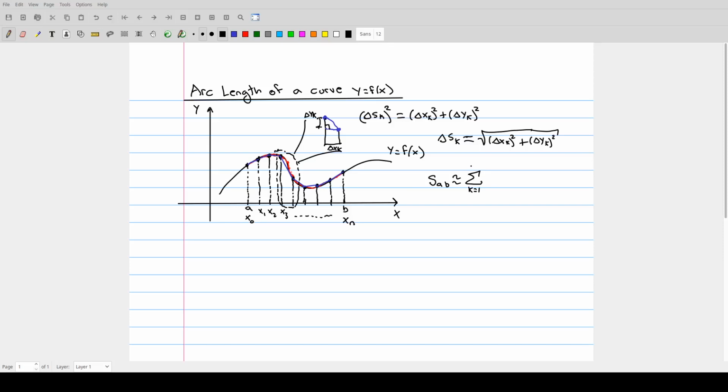So it's the sum from k equals 1 to n of delta sk, or the sum from k equals 1 to n of the square root of delta xk squared plus delta yk squared.